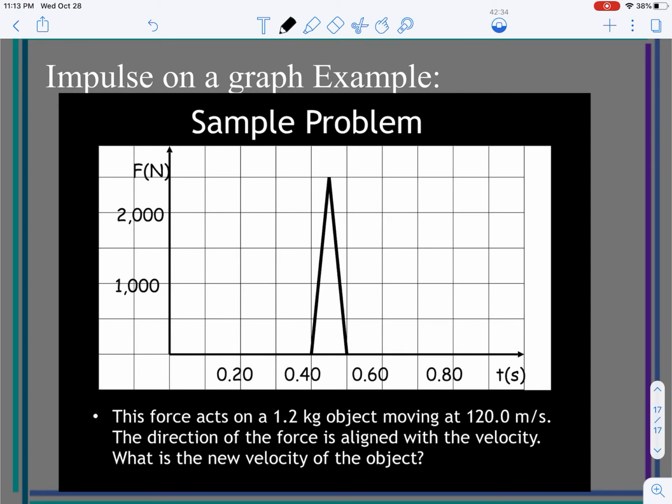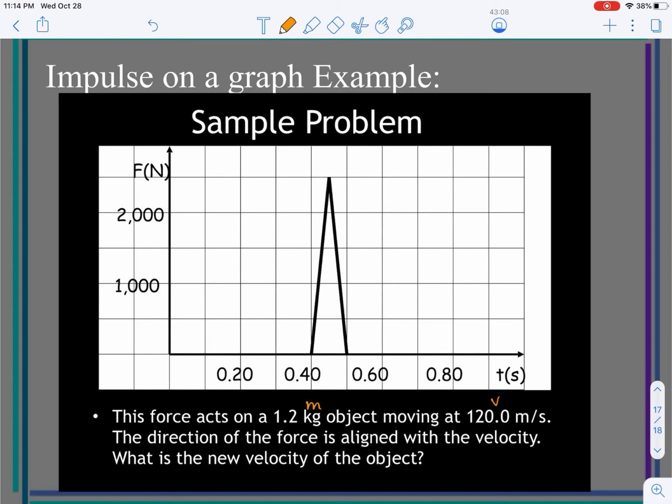So then the last thing that we're going to look at for today's notes is an example of how we would actually calculate this and how this would be useful for our conversation of momentum. In this example, it says that we have a force that acts on a 1.2 kilogram object. So here is our mass. The object is moving with a velocity of 120 meters per second, and it says the direction of the force is aligned with the velocity.